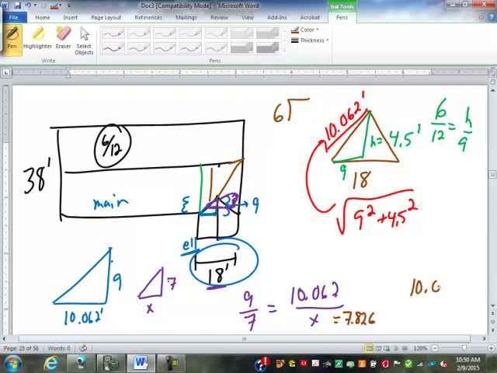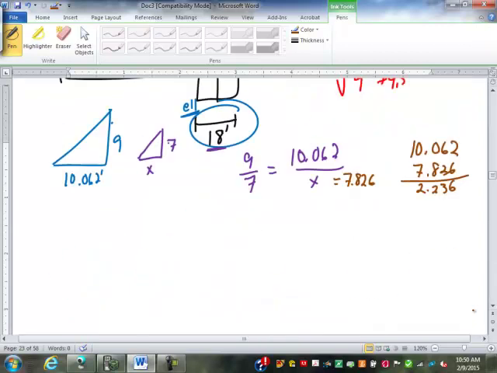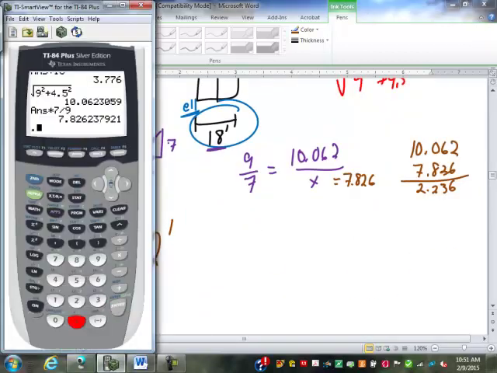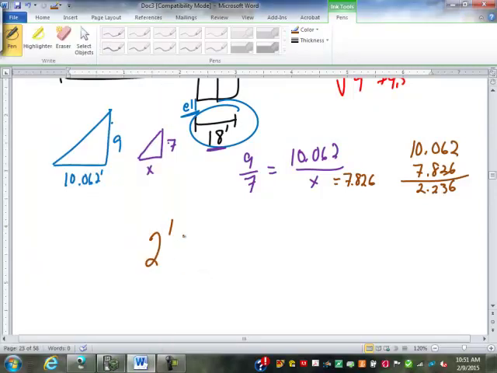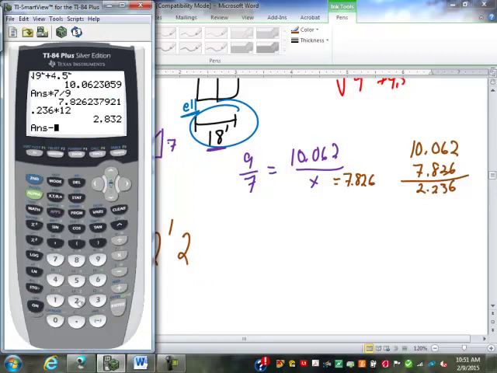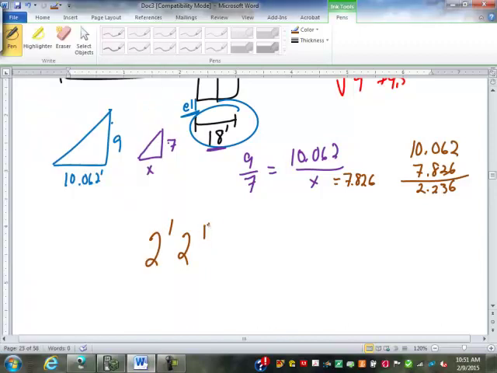So 10.062 minus 7.826 is 2.236. So that is 2 feet. Take the 0.236 times 12 is 2.8, minus 2, times 16, 13 sixteenths.